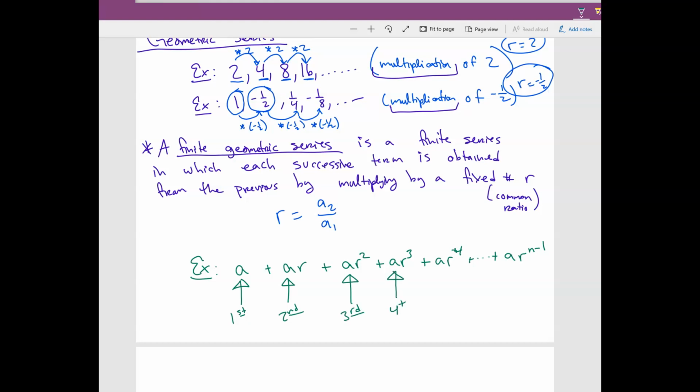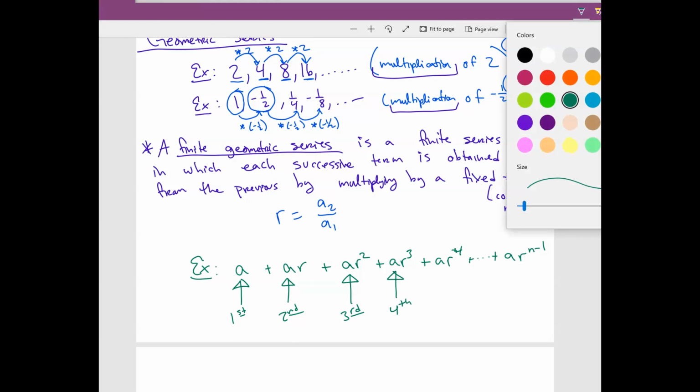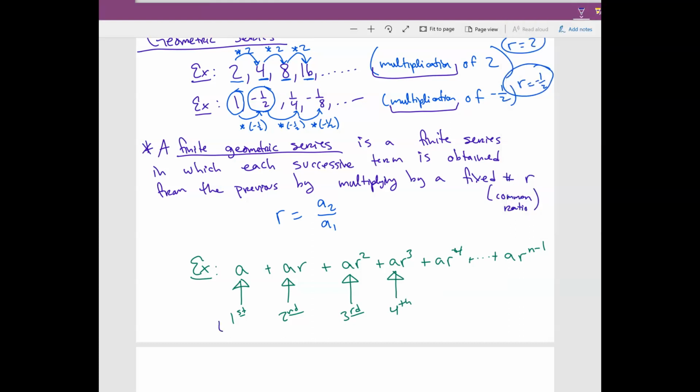If you try to match the term number with the exponent, you can see that the exponent is one less than the term. So this guy right here is going to be the nth term. Always for geometric, you have one less. That's going to be really important.